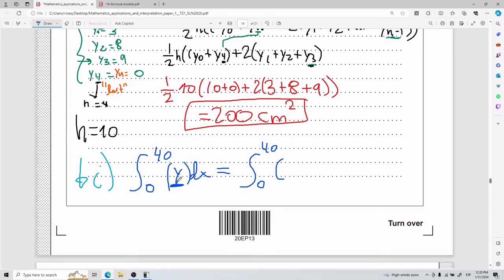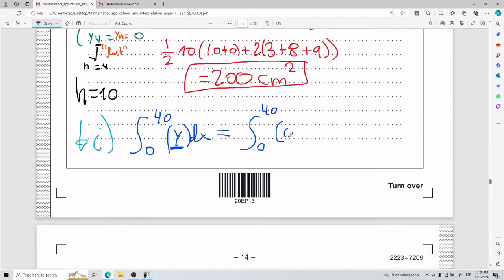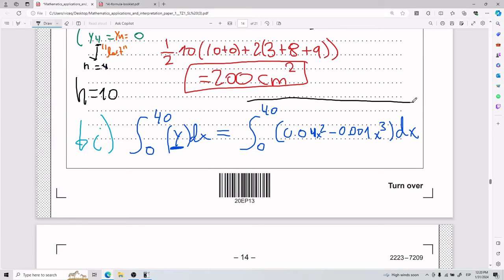My y is going to be 0.04x squared minus 0.001 x cubed, close parentheses, dx. So essentially, in math language, what you're trying to say is, what is the integral of this from 0 to 40 of my variable x?